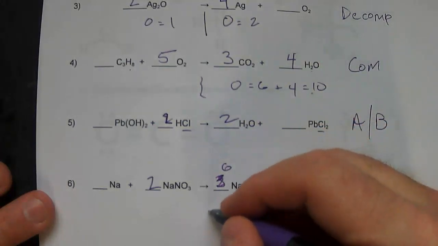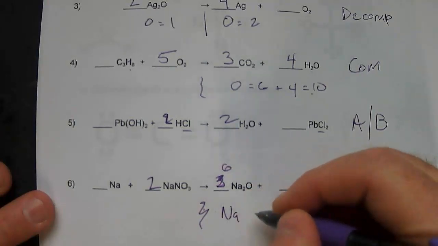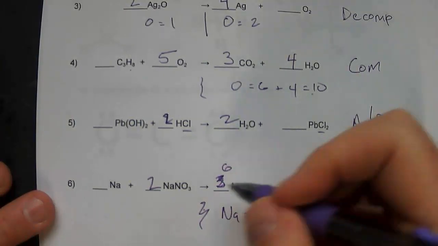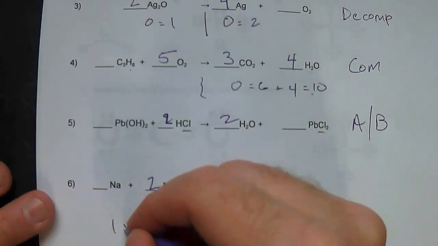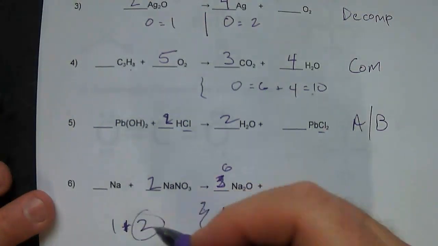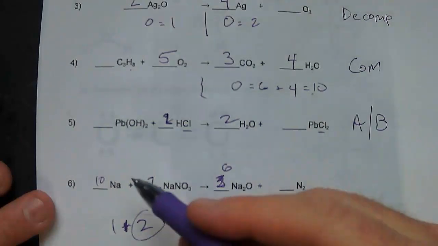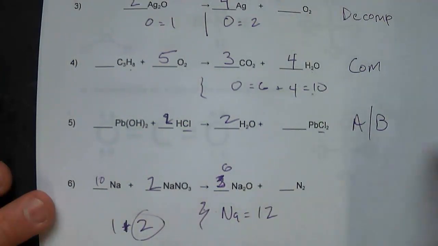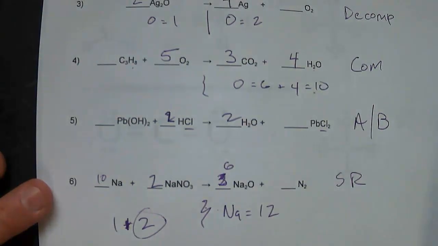And so for this, you're going to have Na is 12. And then here, we don't want to change this number, so we're going to have 1 plus 2 NAs. We don't want to change this, so we're going to put a 10 here to get this up to 12. So it's 10, 2, 6, 1. And this is a single replacement reaction.